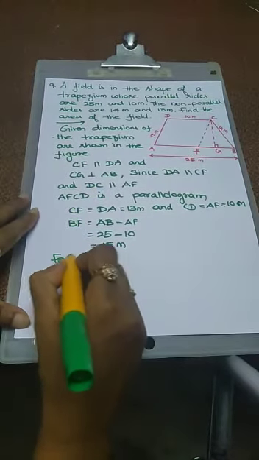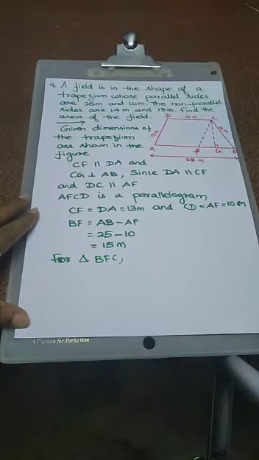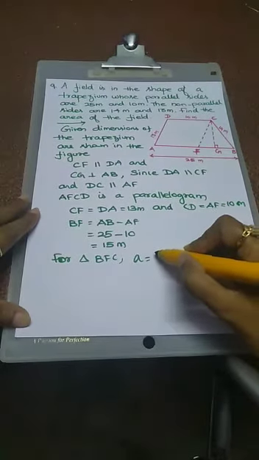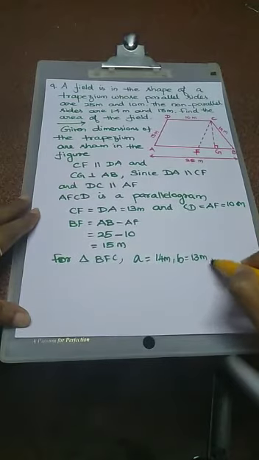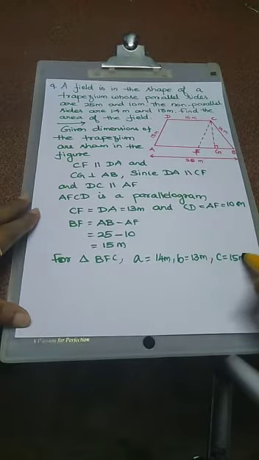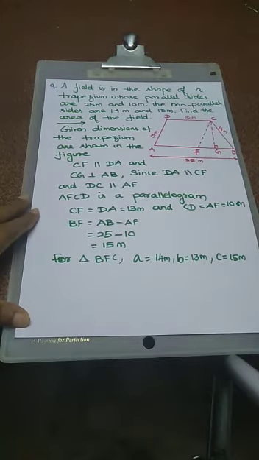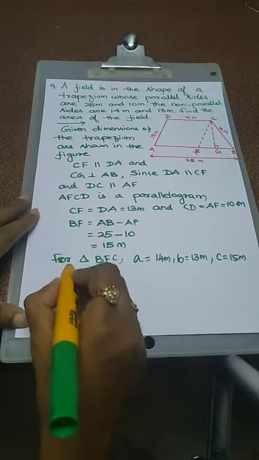For triangle BFC, we just take the values. A value is 14 meter, B value is 13 meter, and C value is 15 meter. This one is A, this one is B, and this one is C. We know the values of A, B, C, so easily we have to calculate the semi-perimeter.